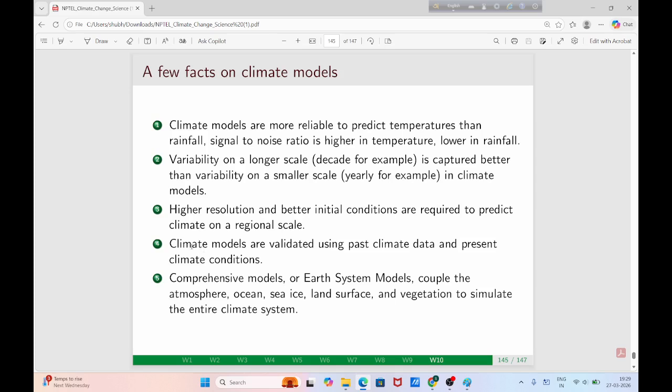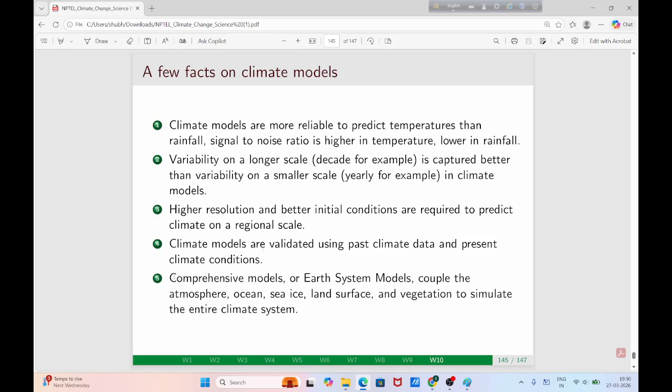Wherever we run the climate models, we have to always verify the models using the past data and the present climate conditions, because these are the two certain things that we can always trust. We don't know the future, but we know the past and the present. So if our models can capture those present and past scenarios, we can assume that they are working quite well to predict the future scenarios as well.